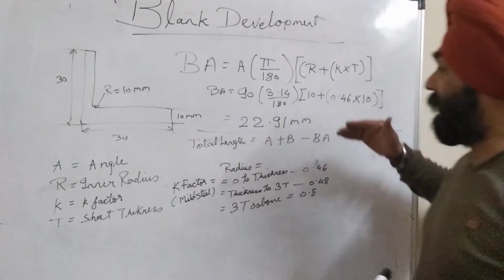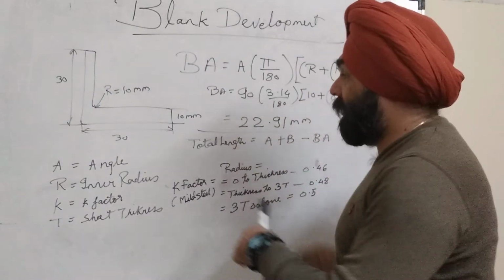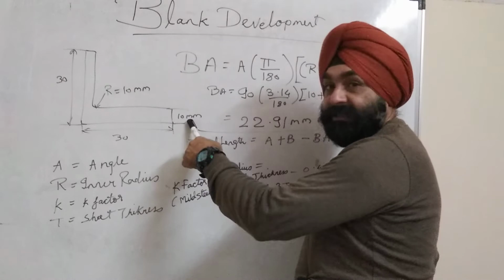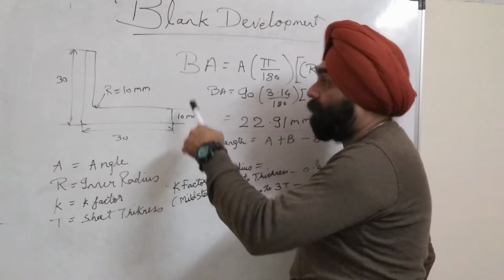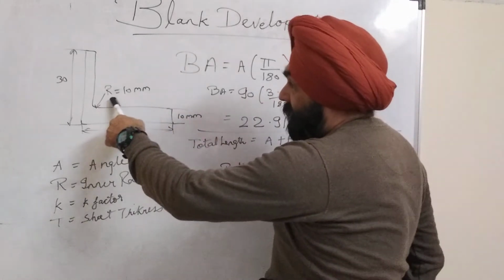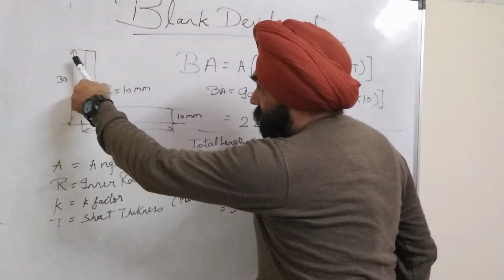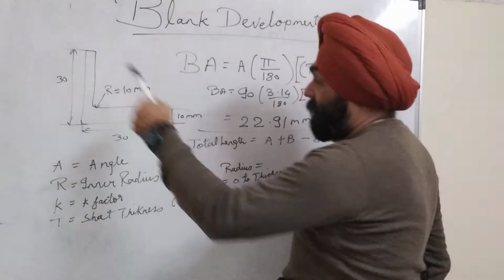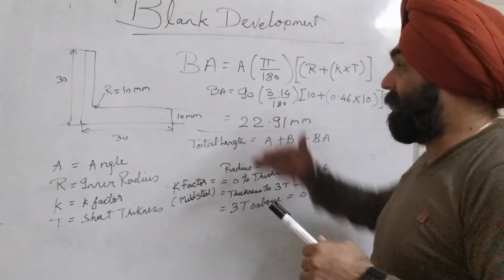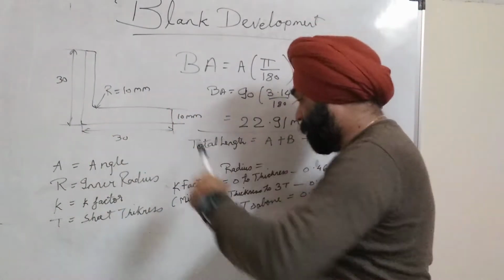Let's go ahead with an example where the sheet thickness is 10 mm. The inner radius is equal to 10 mm. Then 30 and 30 is the length and breadth of the bend.